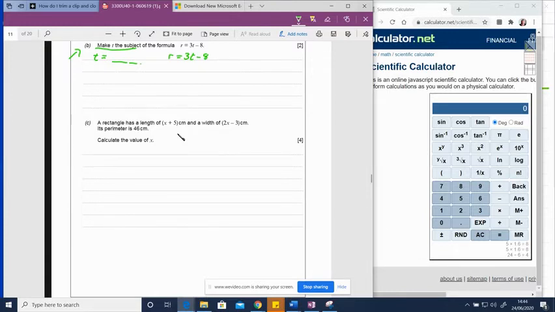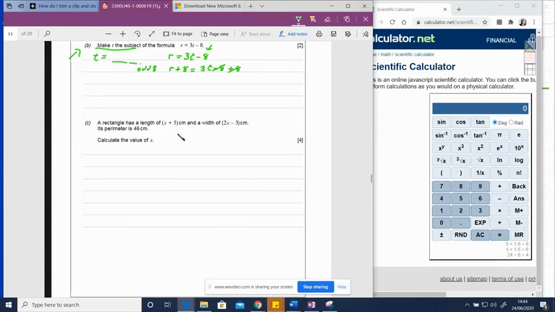The first thing I'm going to do is add 8 to each side to get rid of that 8. So that's r plus 8 is equal to 3t minus 8 plus 8. So those cancel each other out. And that leaves us with 3t is equal to r plus 8.